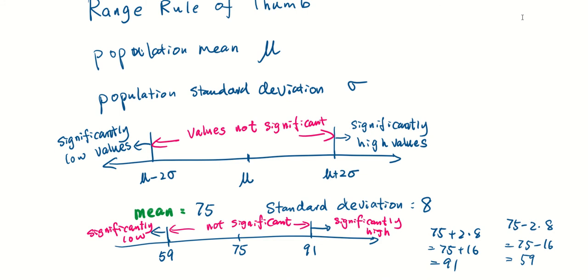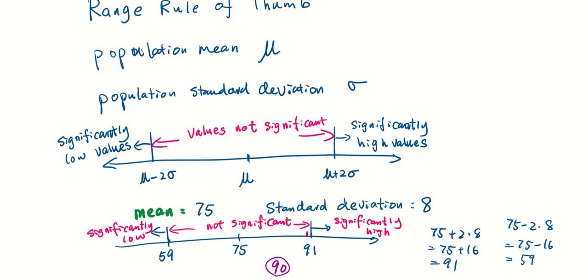Say a student scored, like, let's say 90 in this exam. According to our mean and standard deviation, this 90 is not considered significantly high. It's pretty high, but it's not statistically significantly high. It's still within 59 to 91.